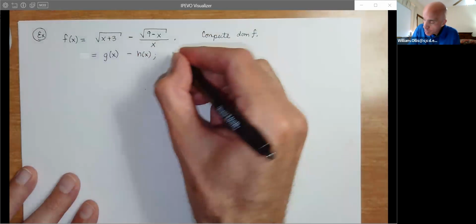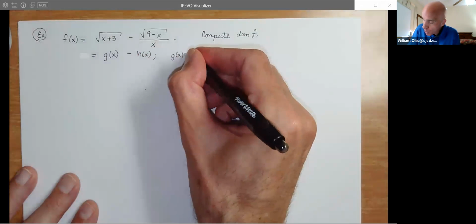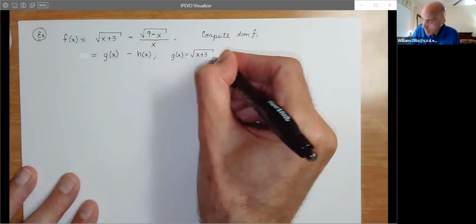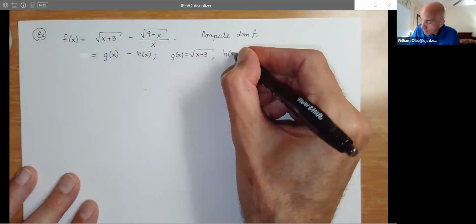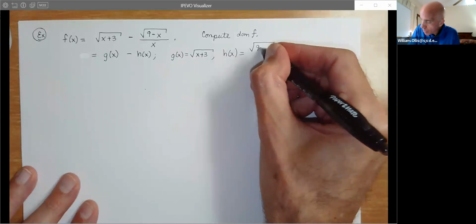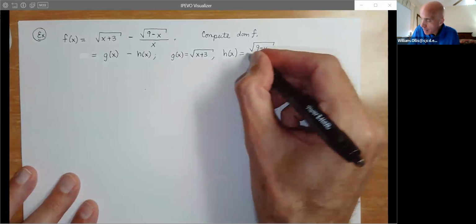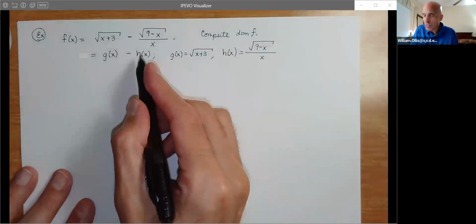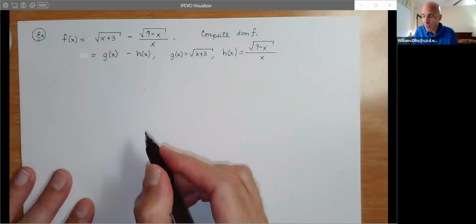That is, g of x will just be the square root function of x plus 3, and we'll call h of x the algebraic function square root of 9 minus x, divided by x. We had to choose another letter here since f was already taken.